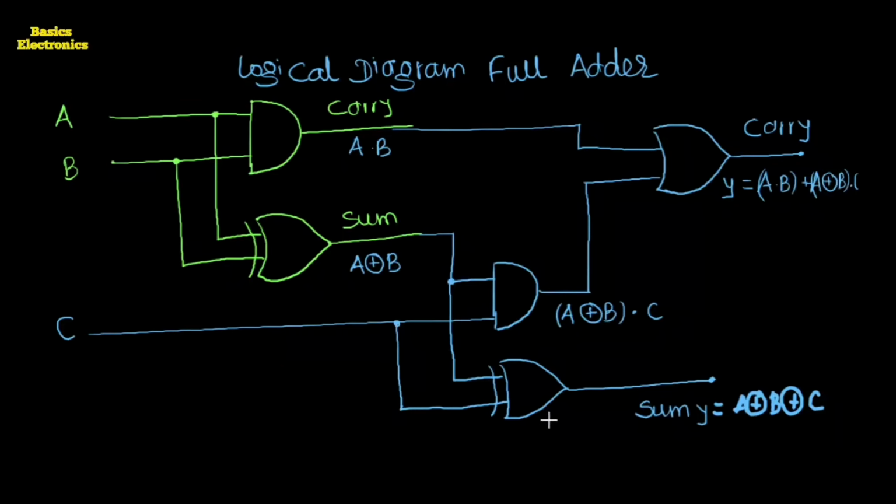Okay, so this is the logical diagram. Once again, I am going to write down here the carry equation and the sum equation. The carry equation is Y equals A dot B, the carry generated by the first half adder, plus the carry generated by the second half adder, that is (A XOR B) dot C. This is the equation for the final carry.